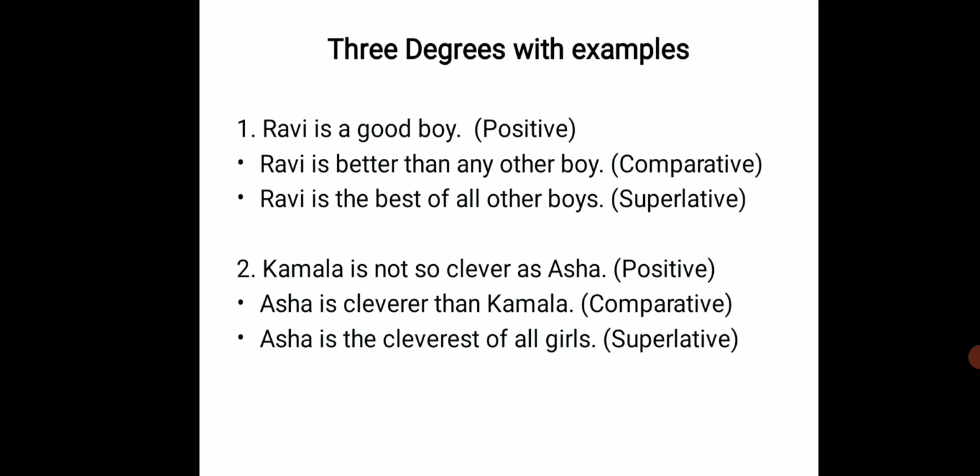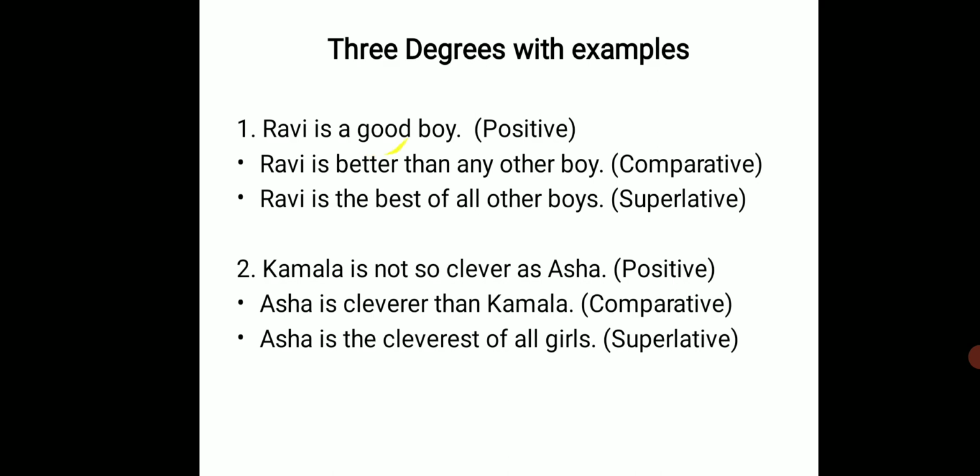Now here is a list of sentences which are formed into all 3 degrees. Ravi is a good boy. First you need to identify the adjective. When you try to change it into comparative or superlative, your first job is to consider the sentence and then mark the adjective.